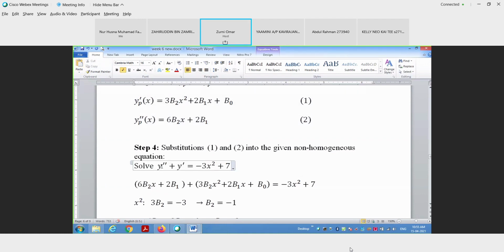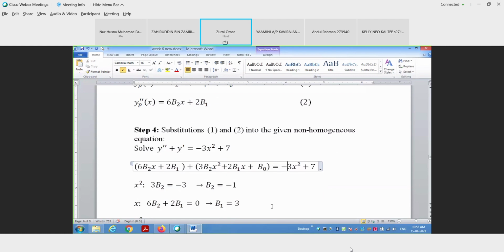So you replace y double prime with yp double prime, but yp double prime is equal to 6 b2 x plus 2 b1 from here. And then plus, you replace y prime with yp prime. So yp prime is equal to 3 b2 x squared plus 2 b1 x plus b naught. So this equals minus 3x squared plus 7.